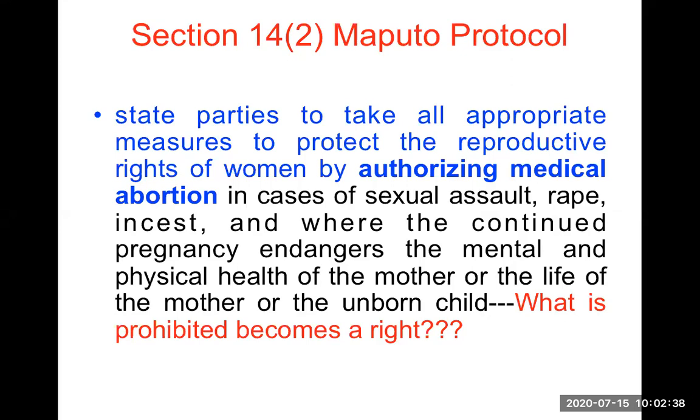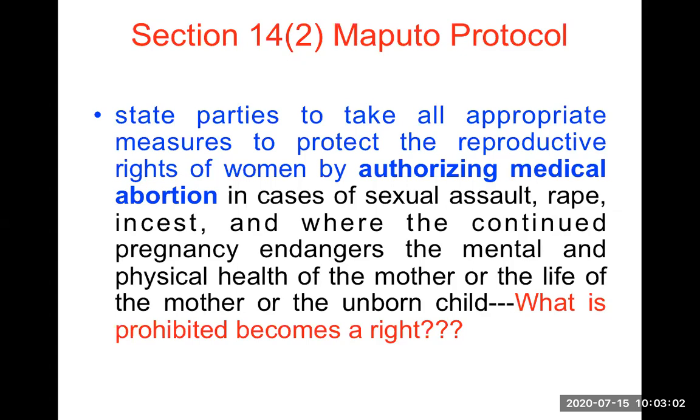So it is the equivalent of CEDAW at the UN. At the African level, we have the Maputo Protocol. CEDAW is the Convention for Elimination of All Forms of Discrimination against Women at the UN level. So at the African regional level, we have this Maputo Protocol on the rights of women in Africa.